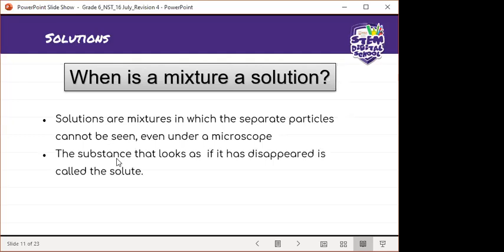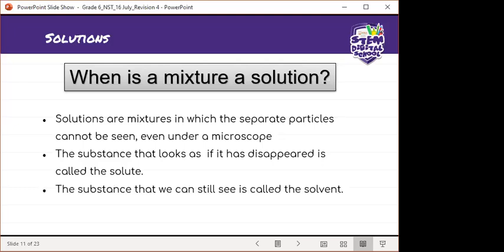So guys, just more information. The substance that looks as if it has disappeared is called the solute. And the substance that we can still see is called the solvent. All right. So a solution always has what? A solute as well as a solvent.